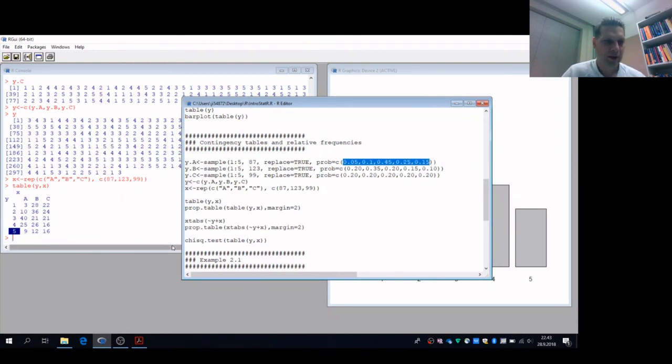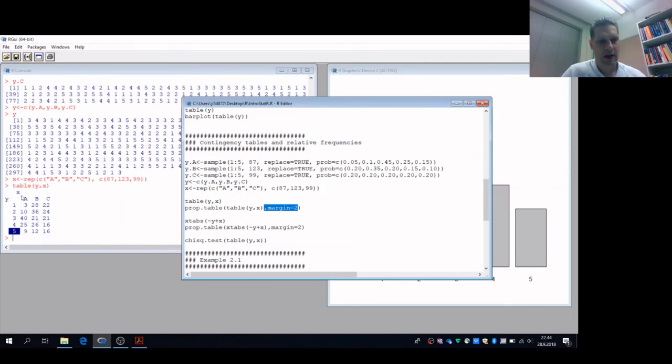But in real life we have this frequency table, the crosstab, and based on these frequencies we should be able to estimate these probabilities. For that we use conditional relative frequencies, which we can obtain using the prop.table function. First we create our table, and then we define in which direction these conditional relative frequencies are calculated.